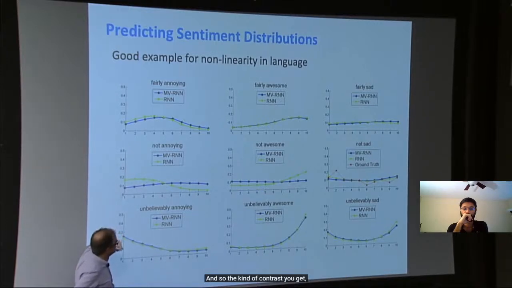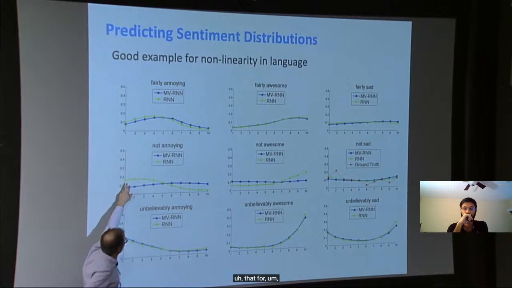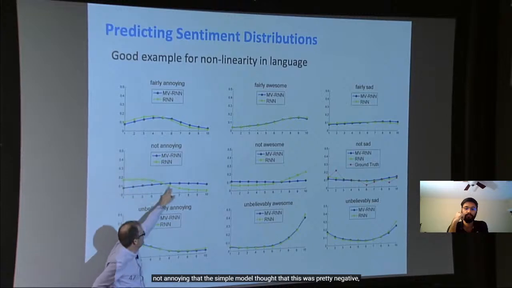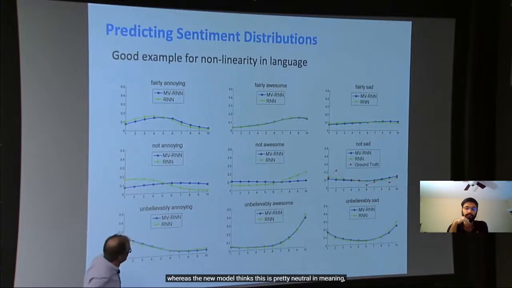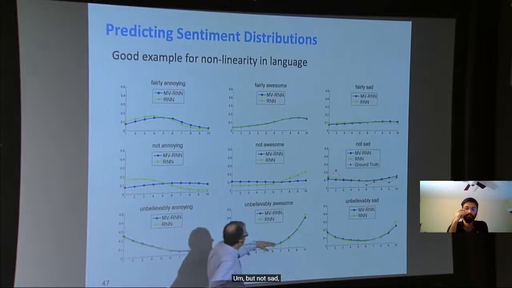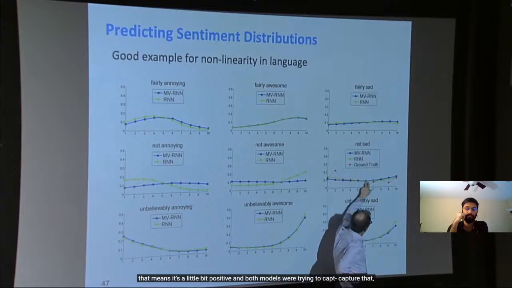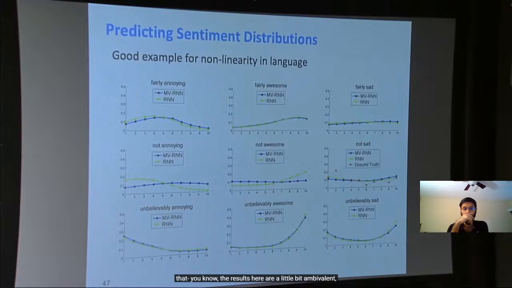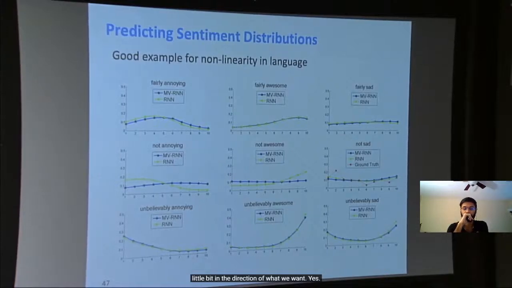The contrasts you get are that for not annoying, the simple model thought this is pretty negative, whereas the new model thinks this is pretty neutral in meaning, and that seems to be reasonably correct. For not sad, that means it's a little bit positive, and both models were trying to capture that. The results here are a little bit ambivalent, but it seems that they go a little bit in the direction of what we want.